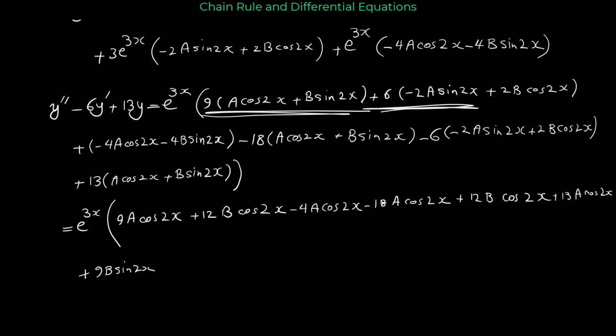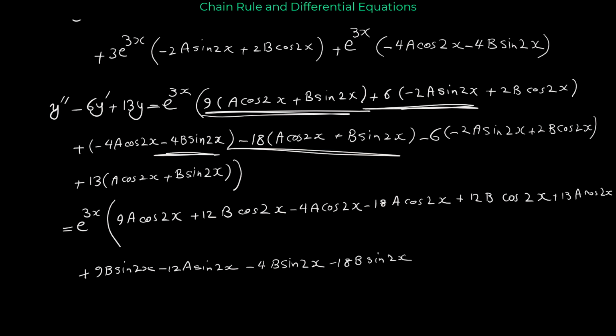Then we have negative 12a sine 2x. We have minus 4b sine 2x, minus 18b sine 2x, plus 12a sine 2x, and finally we have 13b sine 2x.